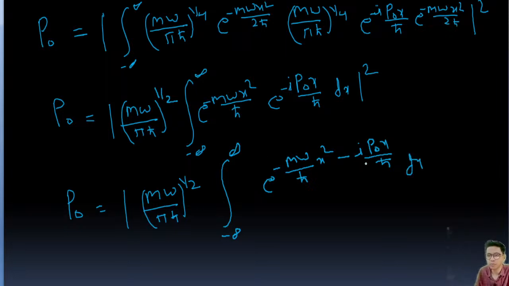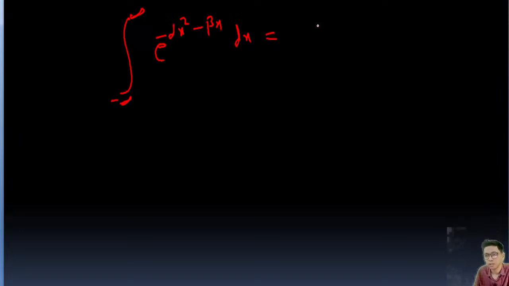So we have a formula, guys, that we need to note down: the integration from minus infinity to plus infinity of e to the power minus alpha x square minus beta x dx is root pi upon alpha e to the power beta square upon 4 alpha. Okay, so this is the formula.